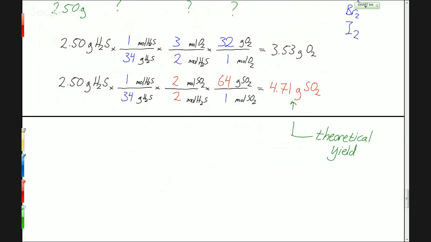Some reactions maybe don't work that well. Maybe you only get 50% yield, something like that. So when you see chemical reactions published in papers or in drug synthesis, that kind of stuff, they'll often report percent yields based on a theoretical yield like this. And a big part of drug development is trying to increase those percent yields, trying to make it more efficient.